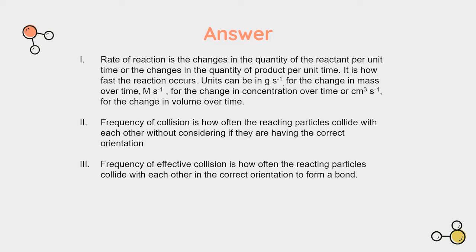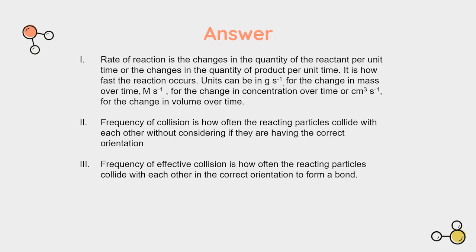And as for the frequency of collision, it is how often the reacting particles collide with each other without considering if they have the correct orientation. So as I have explained before, the reacting particles can collide with each other even if they don't have the correct orientation.